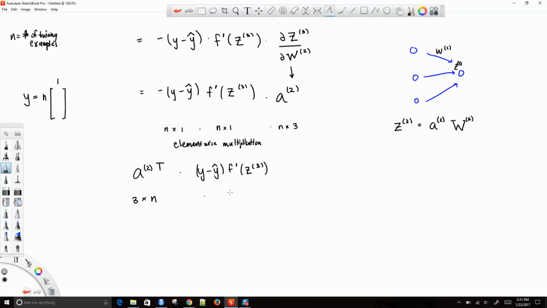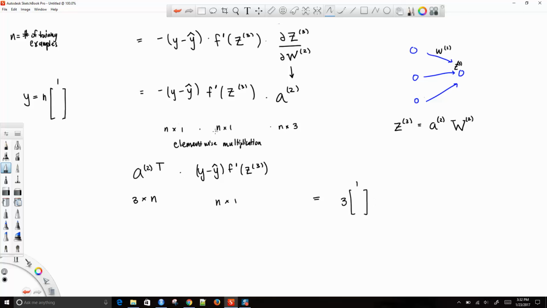And this stuff, after it's multiplied, is still n by 1. So the resulting matrix here will be a 3 by 1 matrix.